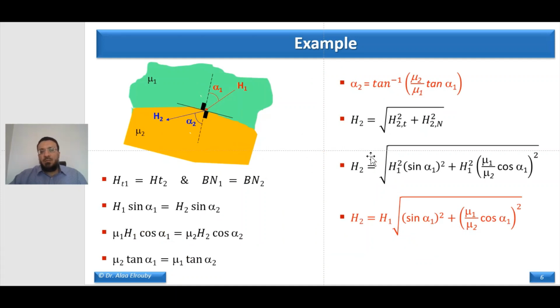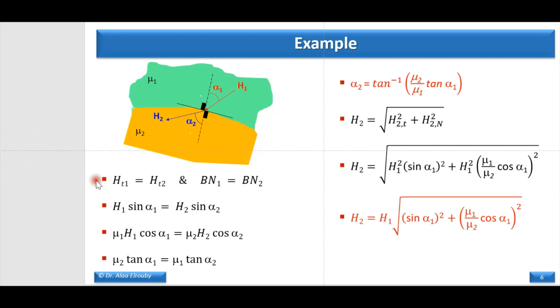First, we're going to write the two boundary conditions. As I said, we don't have surface current, so H tangential 1 equals H tangential 2, and B normal 1 equals B normal 2. Now we need to find H tangential 1 and H tangential 2.